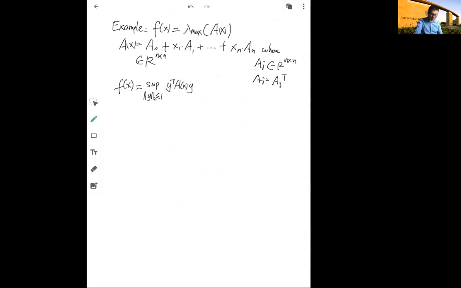So first of all, can anyone tell me why this function is convex? What is a rule that we learned previously about compositions of convex functions, or some rule about convex functions that we can apply here to show that this weird-looking function is actually convex, before we even start deriving its subdifferential?